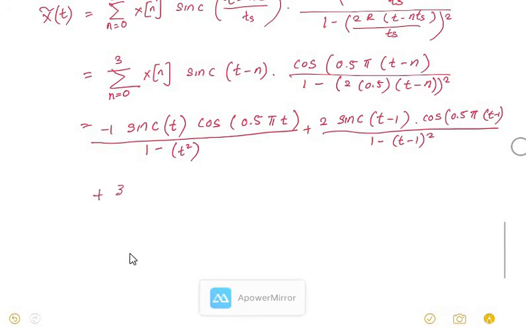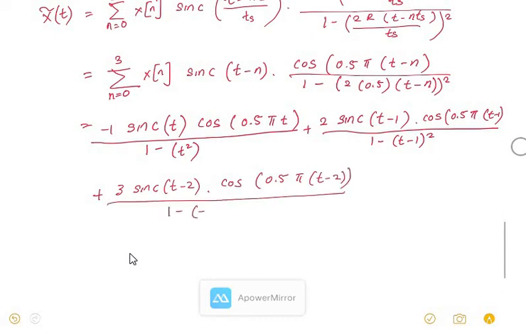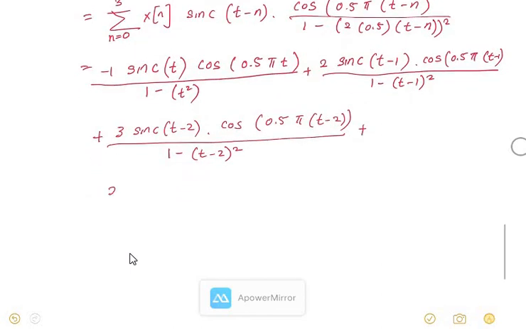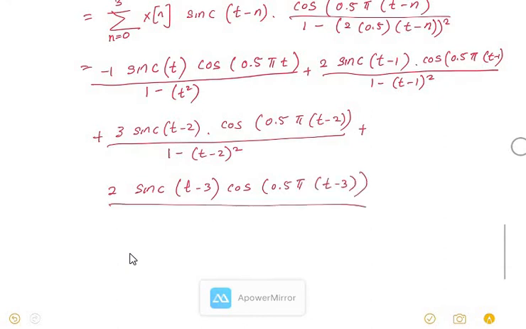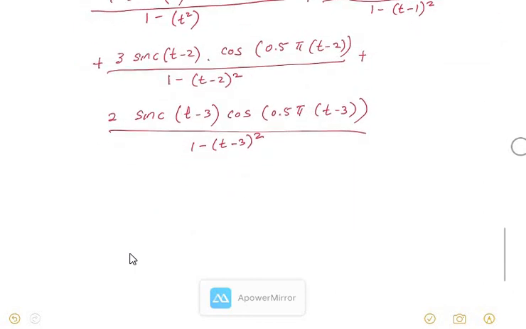Then plus 3 sinc(t minus 2) cos(0.5 pi (t minus 2)) divided by 1 minus (t minus 2) squared. Then plus 2 sinc(t minus 3) cos(0.5 pi (t minus 3)) over 1 minus (t minus 3) squared.